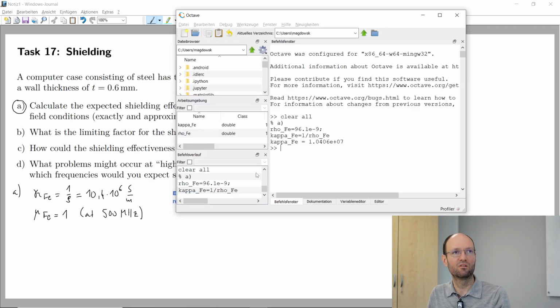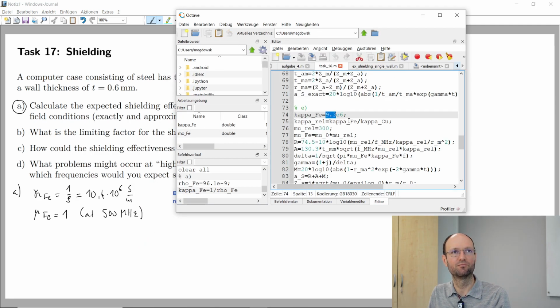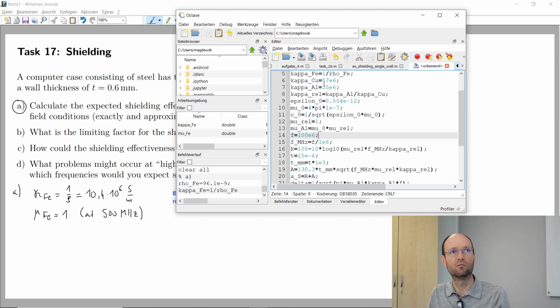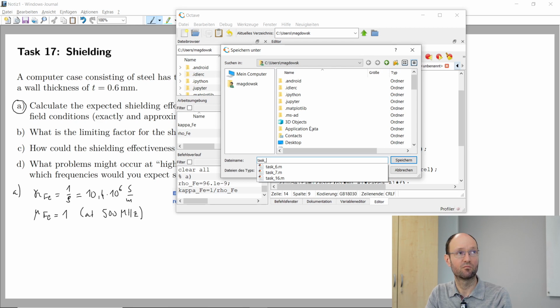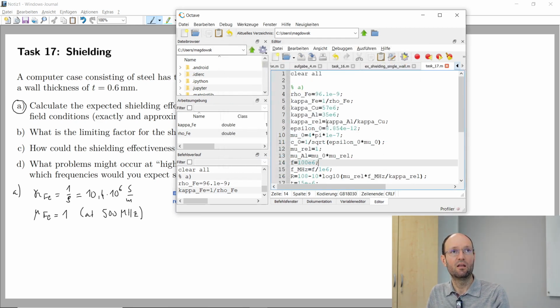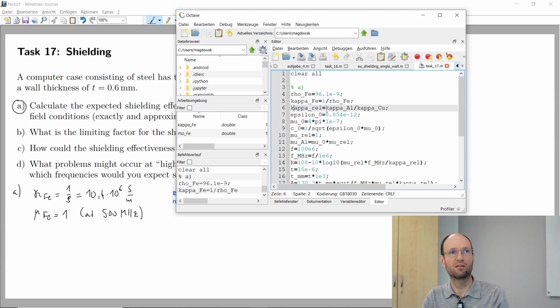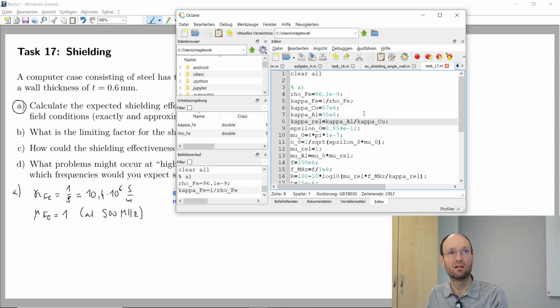Okay, so with this we can go back to our calculation here. Maybe I will save this as task 17 now. And so we have some conductivity, the thing of aluminum and copper I can delete. Then our relative conductivity that we need later on will be the one divided by the copper.